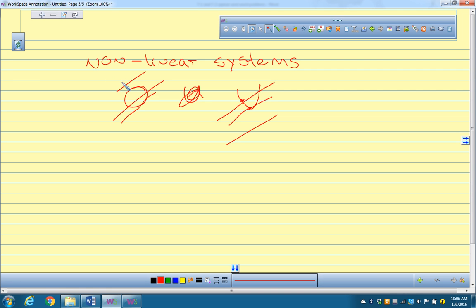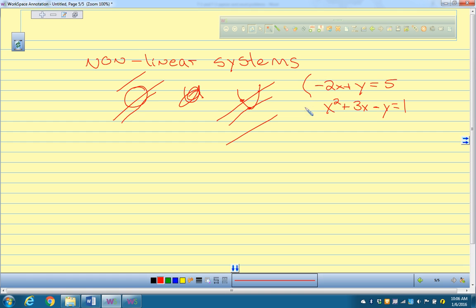So one type of nonlinear system that you might see is like this: negative 2x plus y equals 5, and x squared plus 3x minus y equals 1.